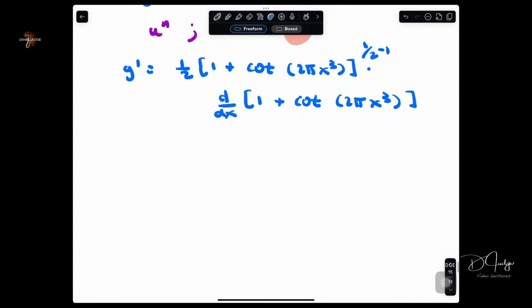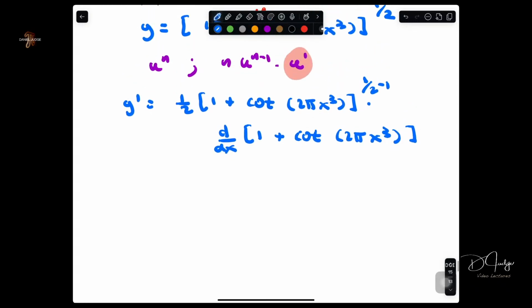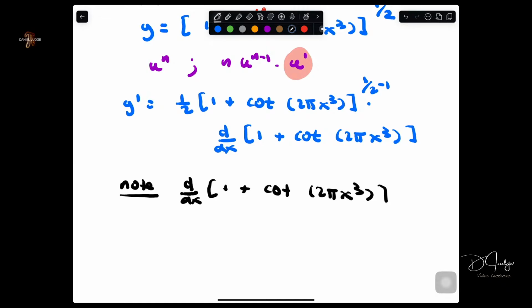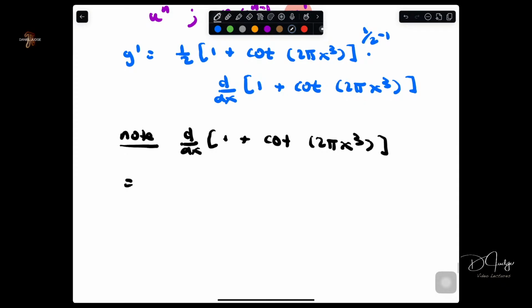So I want to note this. I'm going to go over some details here. So just kind of note that you have the derivative of a sum, which will be the sum of derivatives.